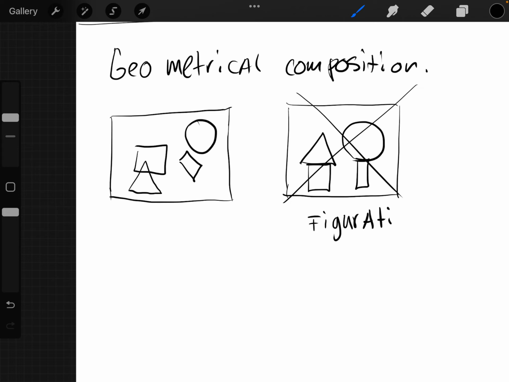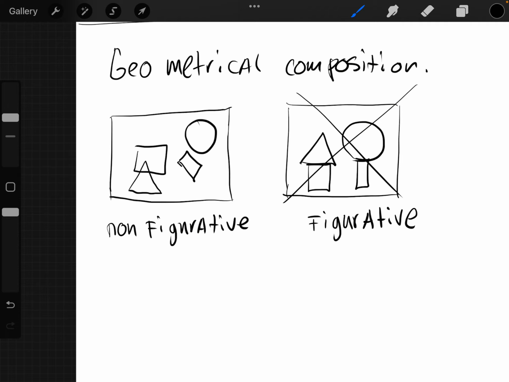This is called figurative, because I'm trying to create a figure. This is called non-figurative, because they're only geometrical things, right?